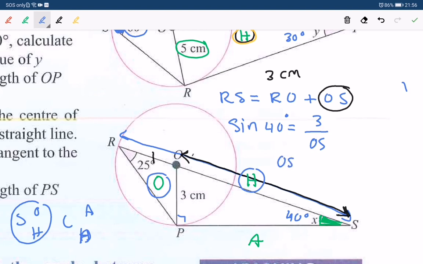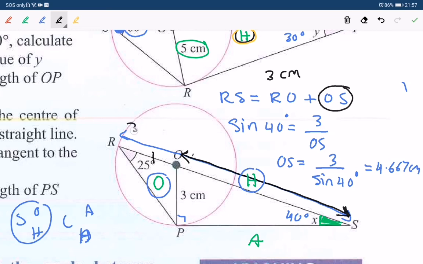So OS equals 3 over sin 40, which is equal to 4.667 cm.